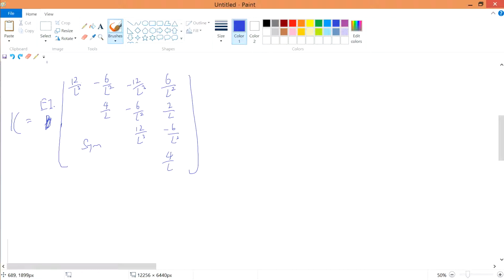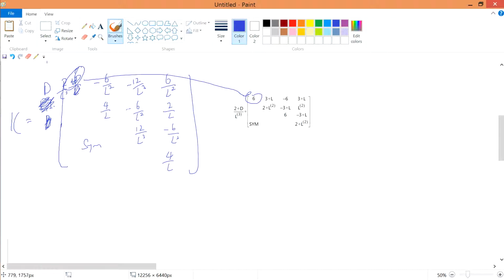Okay, and then if I were to factorize out my L cubed, I should factorize out all my 2 over L cubed. Maybe I should change this back to D first. If I factorize 2 over L cubed, I'll have only 6, so 6 is just this value.